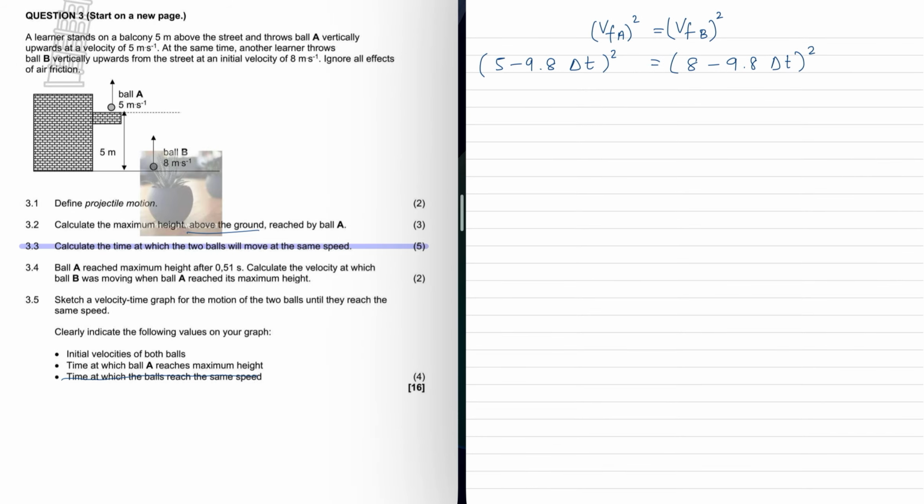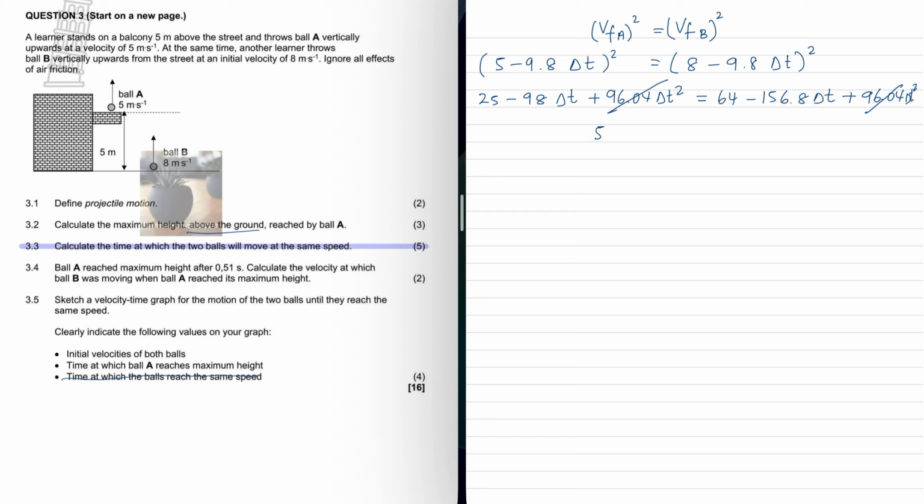You then expand this, right? You get 25 minus 98 delta t plus 96.04 delta t squared is equal to 64 minus 156.8 delta t plus 96.04 delta t squared. So that would cancel with that. Then you simplify.